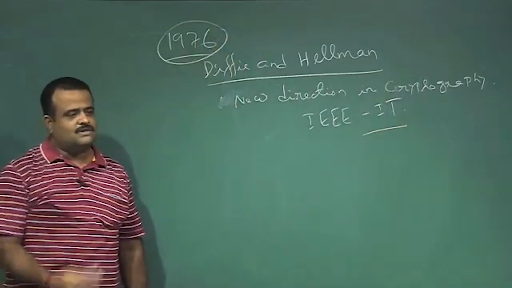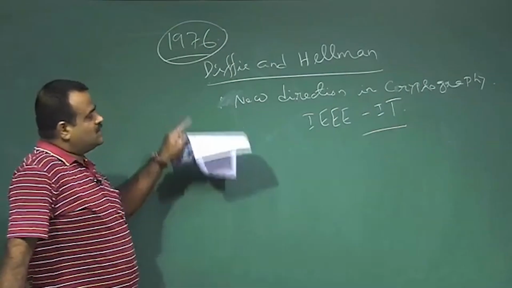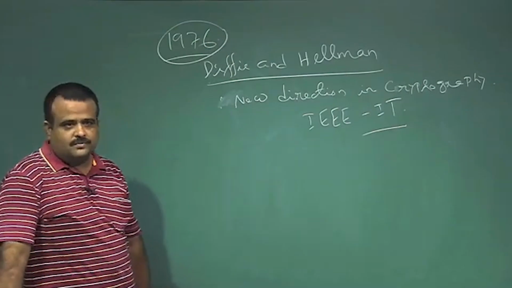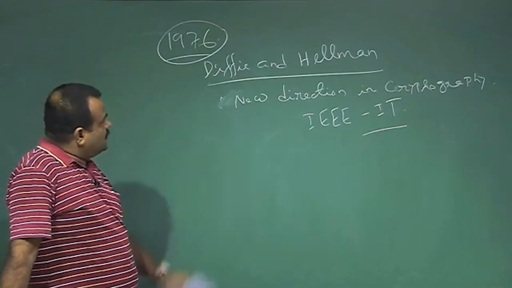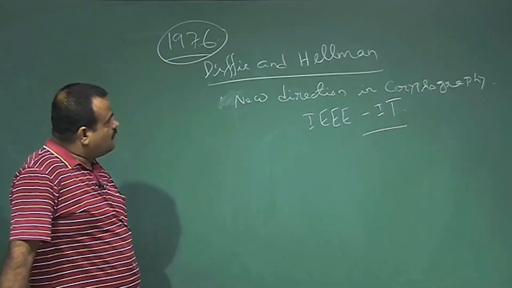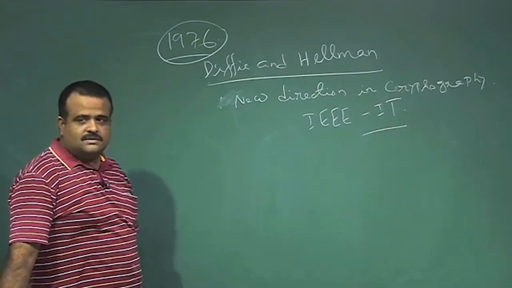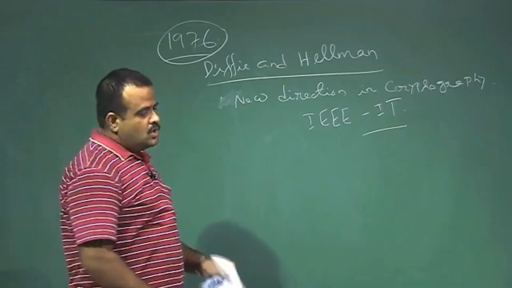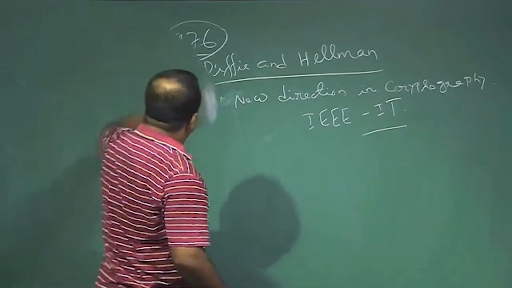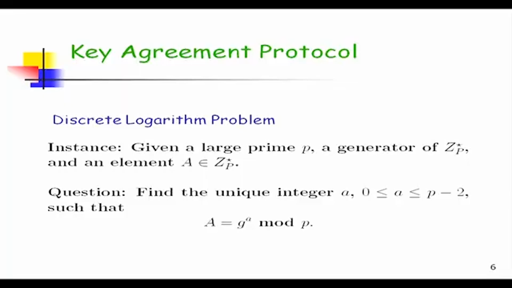After this work, this is the starting point of the public key crypto system, and this work is for the key exchange protocol by Alice and Bob. So now we will discuss this Diffie-Hellman key exchange protocol.